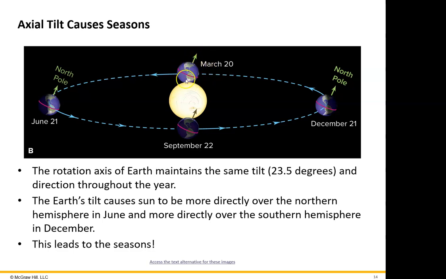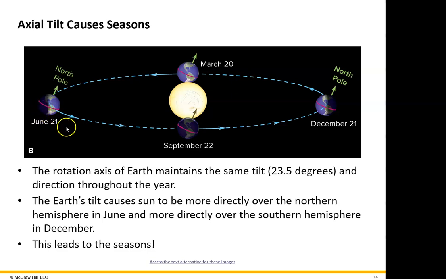And for the southern hemisphere, it's not summer anymore. It's the first day of fall. Three months later, it's roughly June 21st. For us in the northern hemisphere, it's the first day of summer, and in the southern hemisphere, it would be the first day of winter.